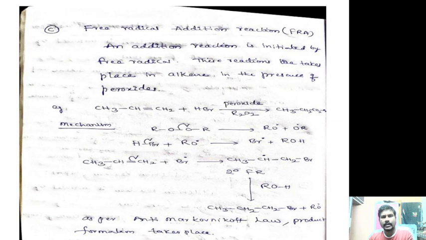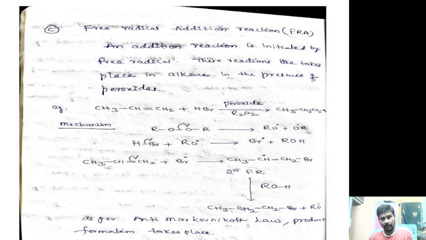The H radical reacts with the RO radical to give alcohol. The bromine radical is our active species, the intermediate. It is a radical mechanism. The bromine radical first reacts with the propene molecule to give a secondary radical, which is more stable.